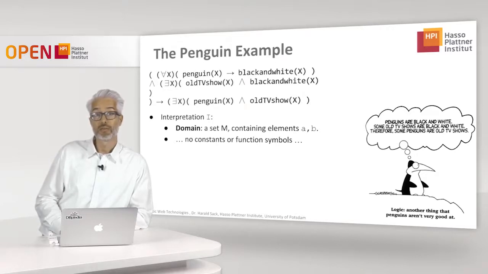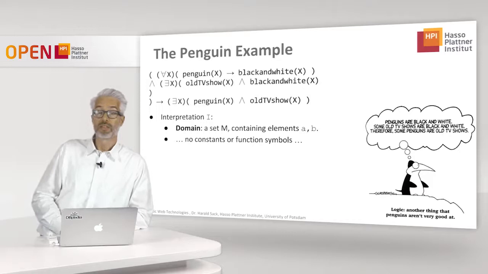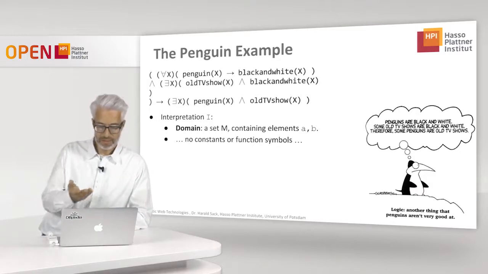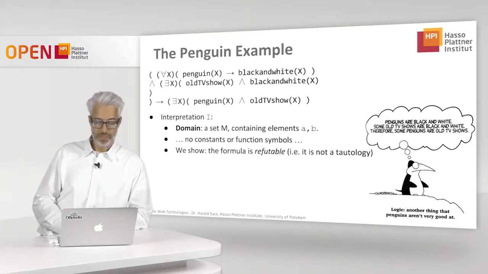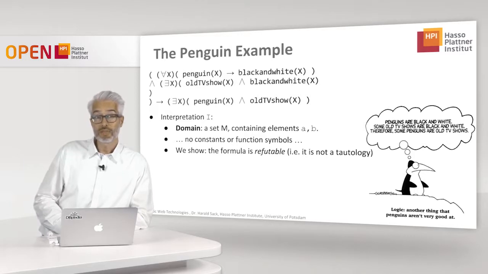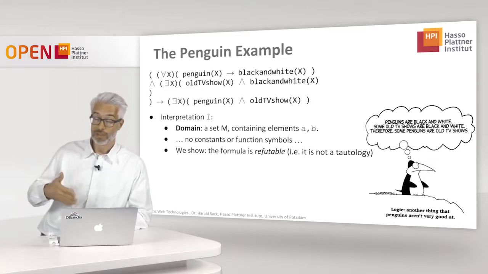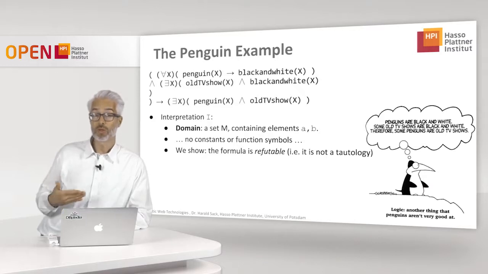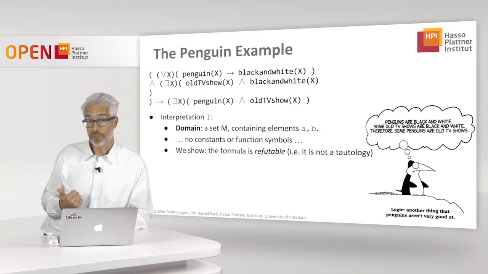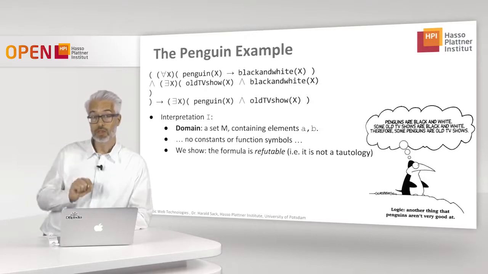So we simply have relations or predicates over variables, and of course these are then substituted by these two elements A and B. What we want to show is that the formula is refutable, which means it is not a tautology, so it does not hold in every case. Of course it does not hold in every case. We know this from our everyday life. But to show that it doesn't hold, we have to find one interpretation where exactly this assumption computes to false.